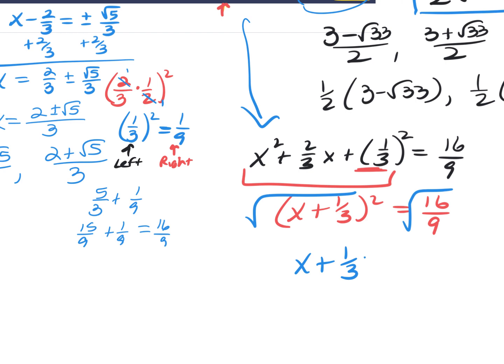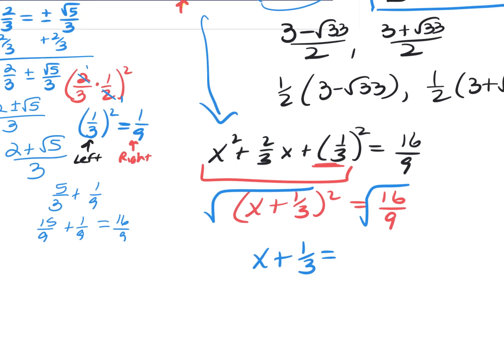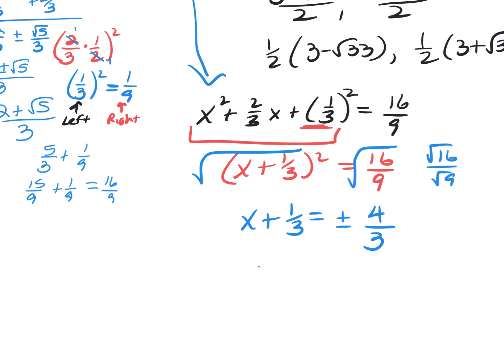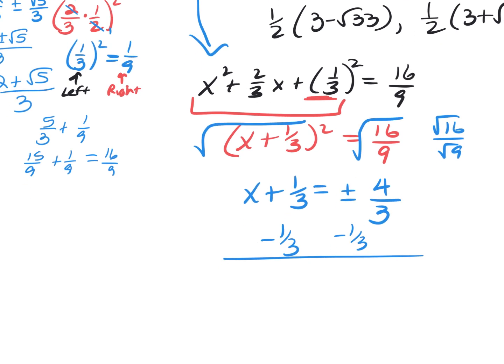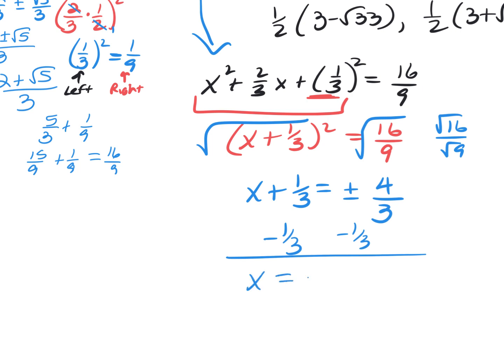Notice in my fraction here, if I were to square root these individually, this will give me plus or minus square root of 16 is 4, square root of 9 is 3. And then now I'm going to move the 1/3. And I get x is equal to negative 1/3 plus or minus 4/3.